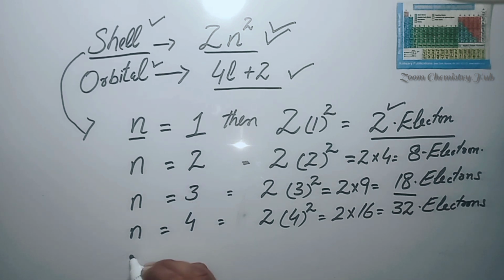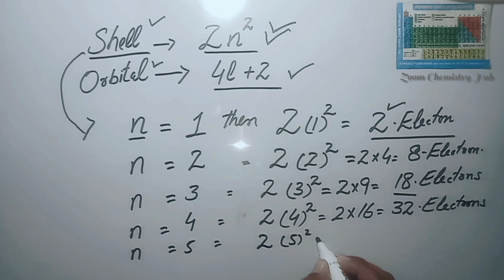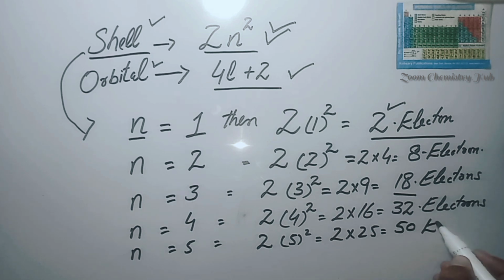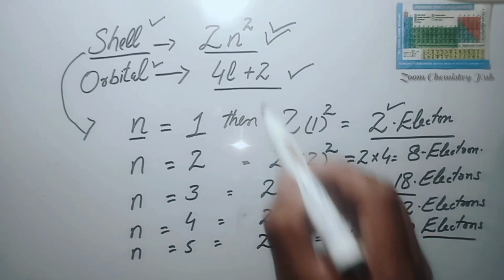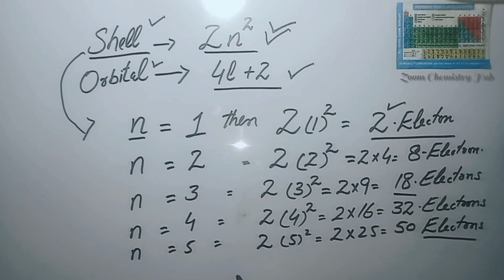Similarly in the fifth shell the n value is 5, and we write 2 into the square of 5, then 2 into 25, and the maximum number of electrons in the fifth shell is 50. So by this formula 2n square, we can find the total number of electrons in different shells or orbits.